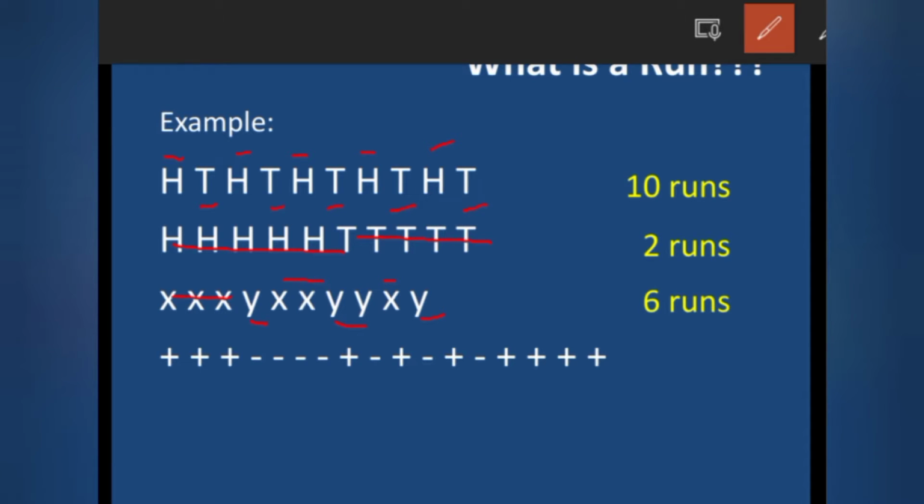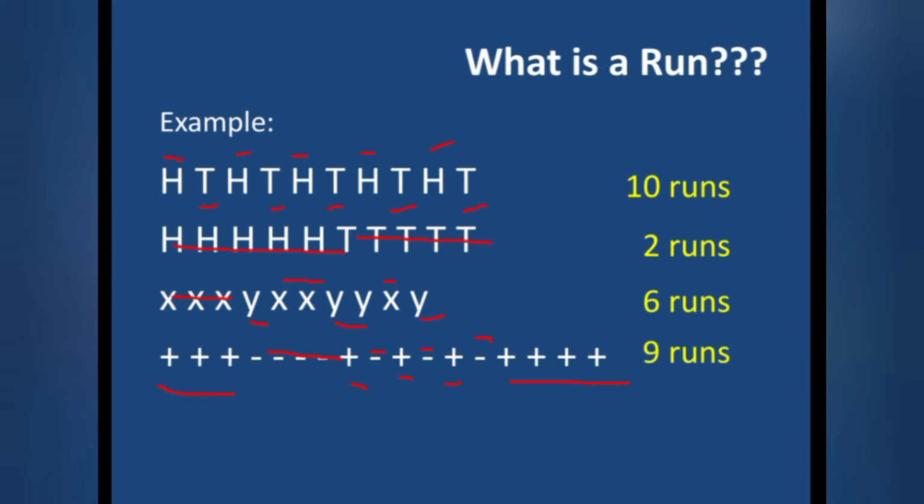The last example, there are 1, 2, 3, 4, 5, 6, 7, 8, 9. There are 9 runs. The total number of runs in a sample of any given size gives an indication of whether or not the sample is random.